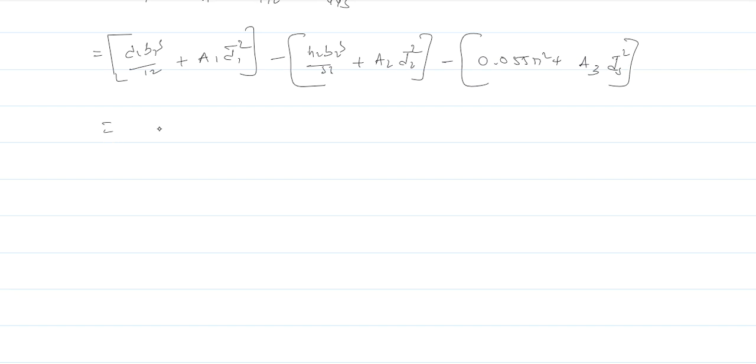If you know every value, just substitute, you will get same Iyy, that is 1,666,998.8 mm power 4. This is the value of Ixx Iyy.